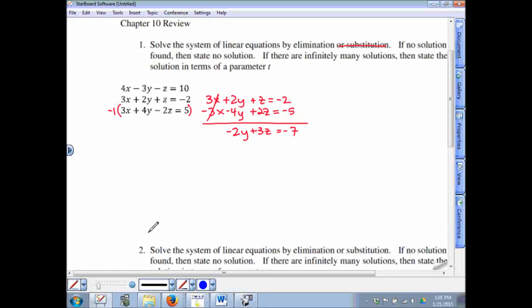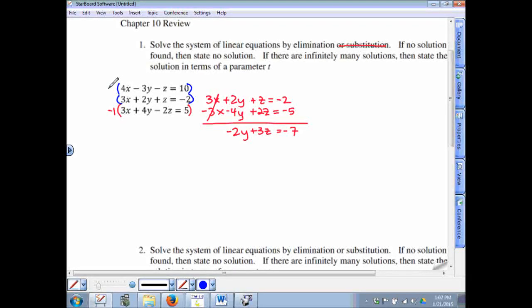Now, I want to do the same thing to 2 different equations and try to eliminate x. So if I took these top 2 equations here, for x we have 4x and 3x, the least common multiple would be 12. So I want to get one of them to be -12x and the other one to be +12x, that way I can eliminate x.